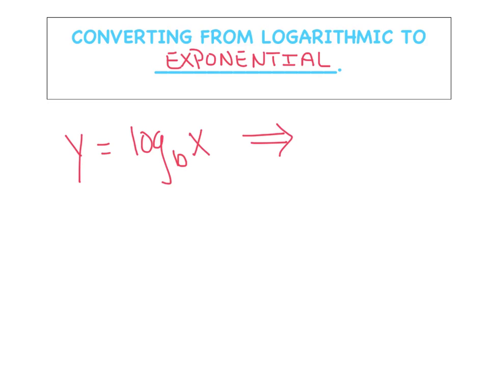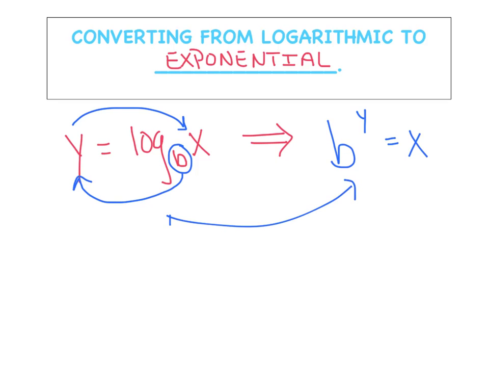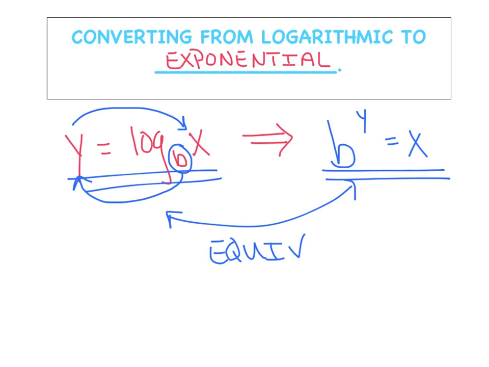We're going to say b raised to the y power equals x. And that's how we'll convert it. These two equations are equivalent. It just happens to be that one of them's in exponential form and one of them's in logarithmic form. We've been preaching throughout this chapter that it's like saying the same sentence but in two different languages.